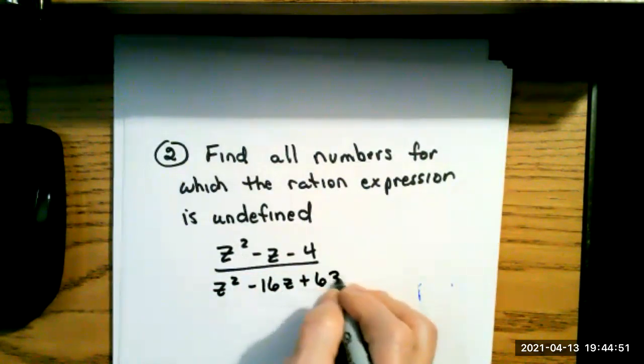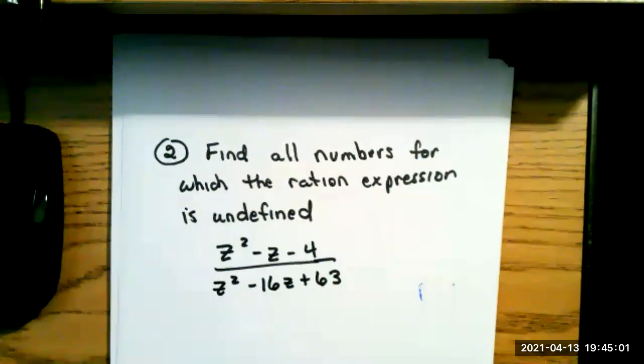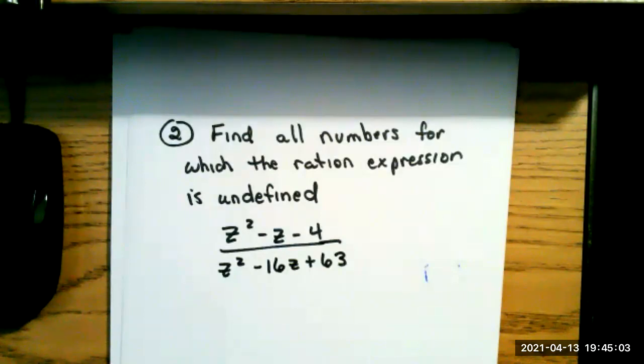You're going to say, how many ways can you do the same thing? That's what makes me crazy. It makes you confused. Now, you don't have to worry about holes in the graph because you're not graphing this. And if there's a hole in the graph, it's still going to be undefined.